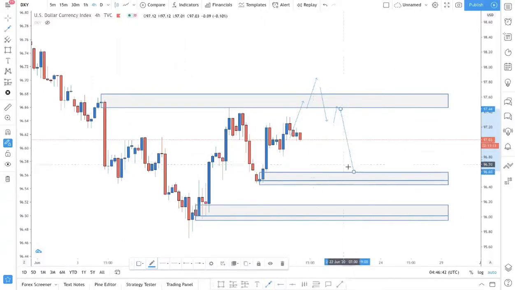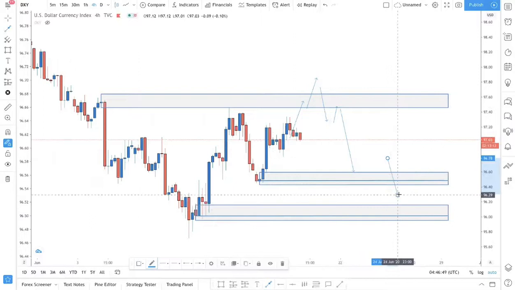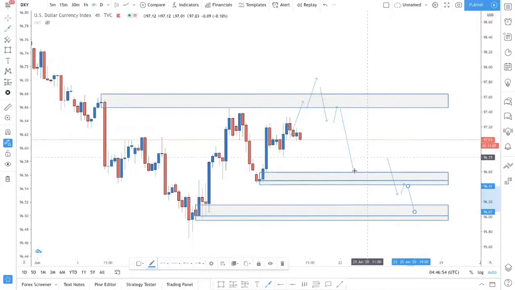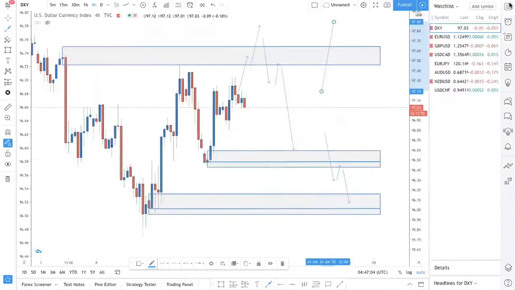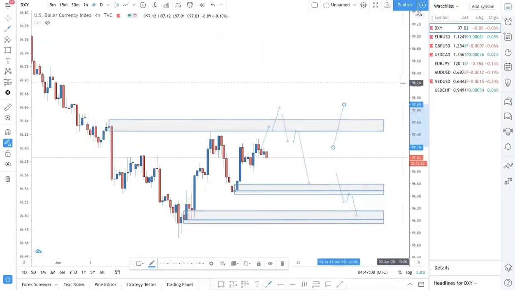So if it comes to this zone, the reason why I have this level is if it breaks out, you can expect a retest and then a push down to the downside. Otherwise, if it breaks and keeps going up, that's another different scenario. So always wait for a retest for confirmation after a breakout.